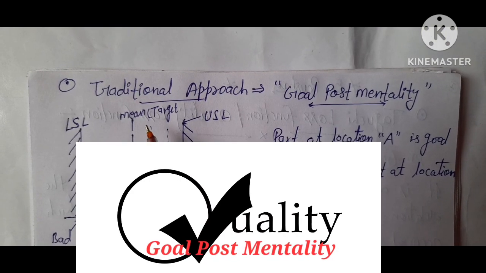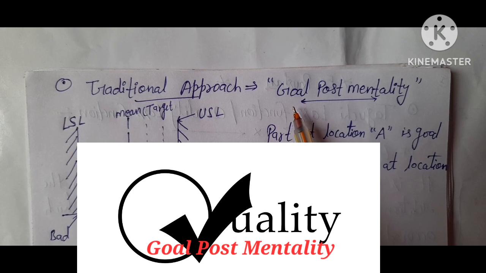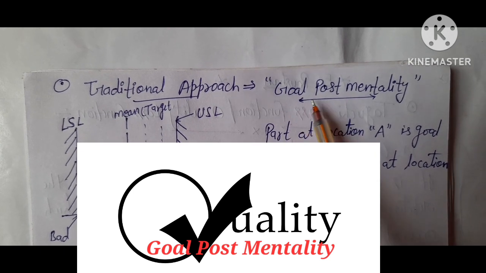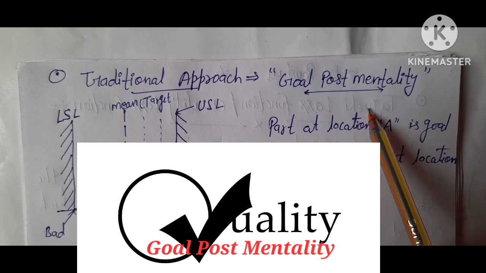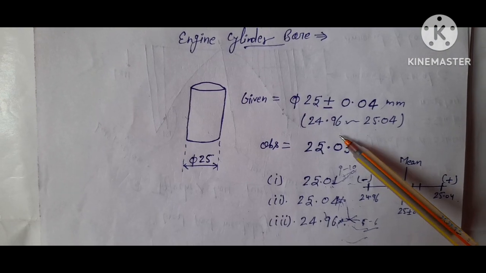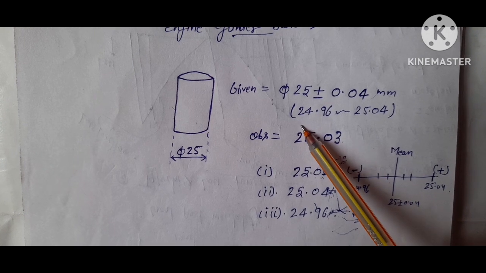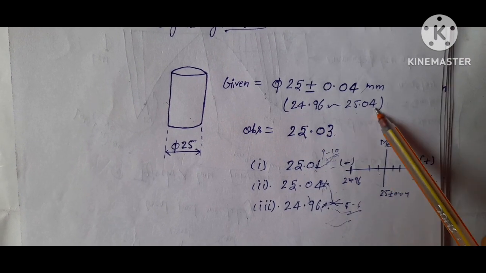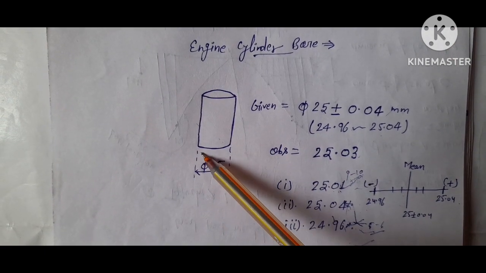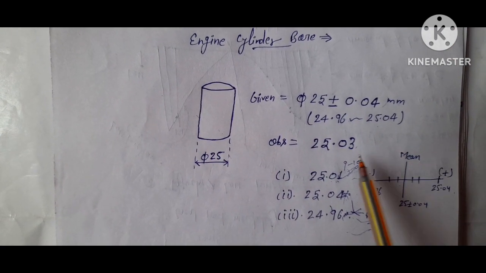So the traditional approach is based on goal post mentality. In the cylinder bore case, if our goal is 24.96 to 25.04, then within this range all cylinder bores are accepted. This is goal post mentality.